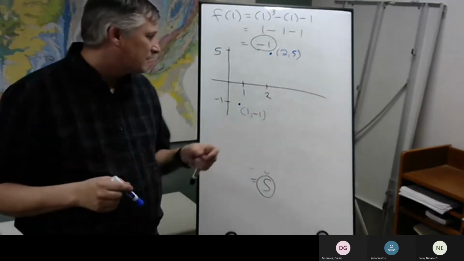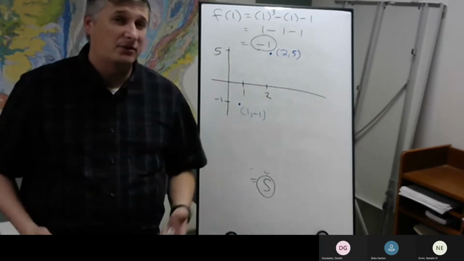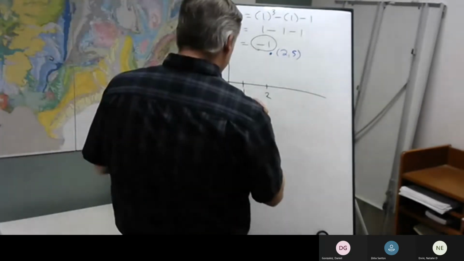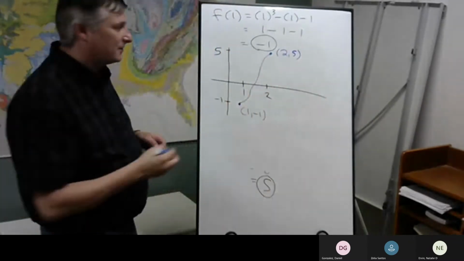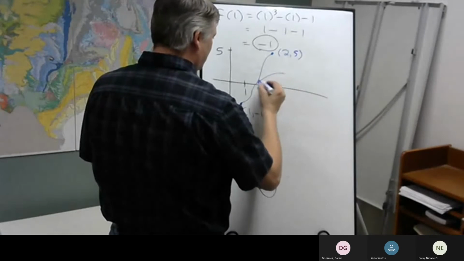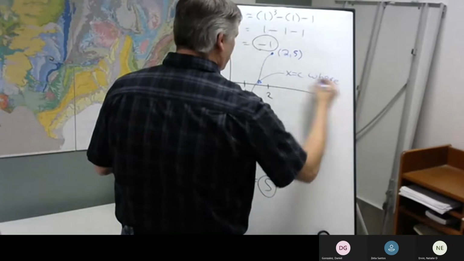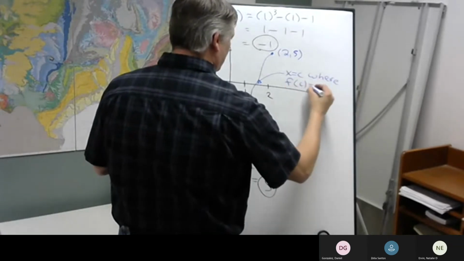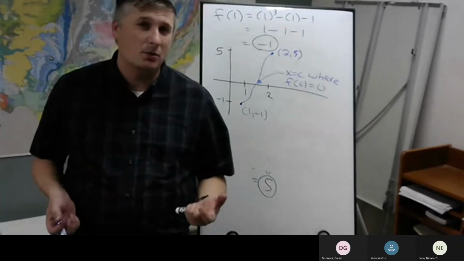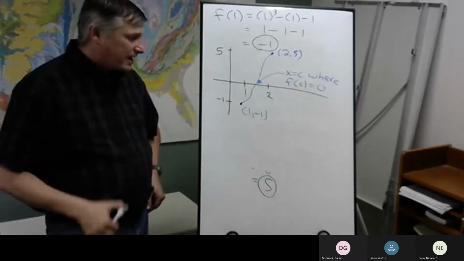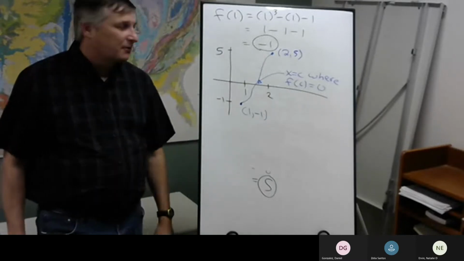Because this thing's continuous, there aren't going to be gaps or jumps that let you jump over the x-axis. You do have to cross through it. So that means somewhere along here, it's got to cross the x-axis. For that function, x cubed minus x minus 1 is equal to 0. So there has to be something between 1 and 2 where this thing crosses the x-axis.